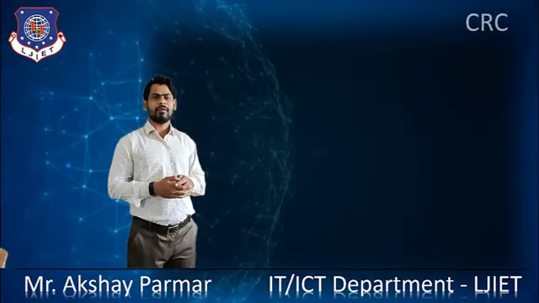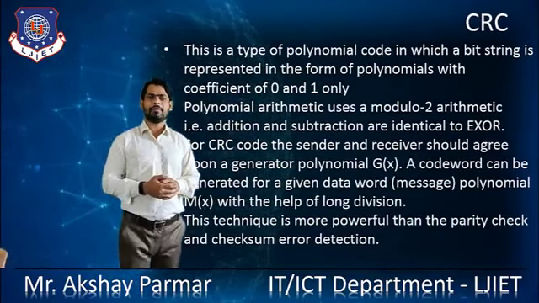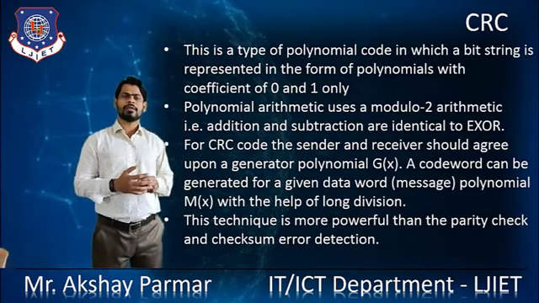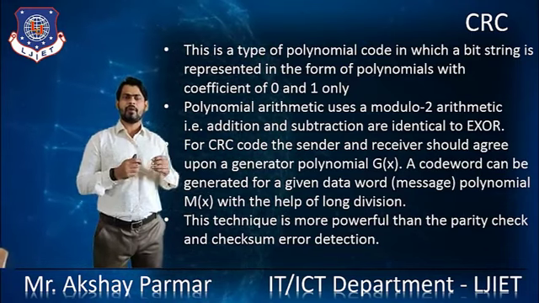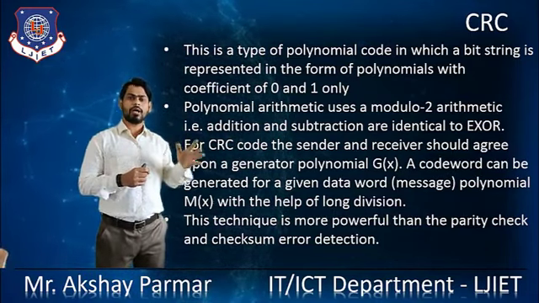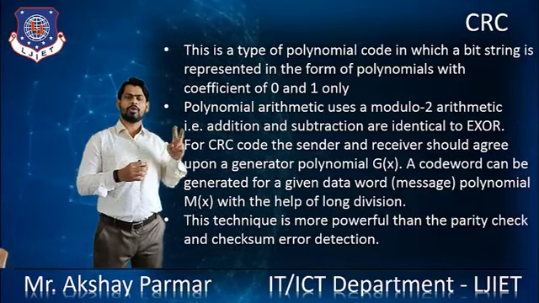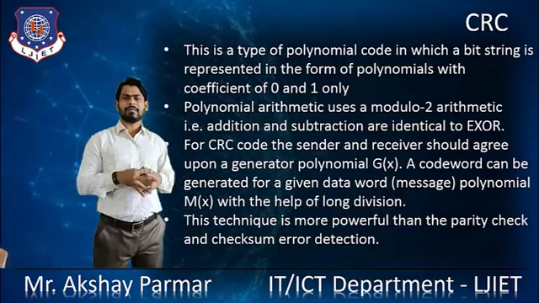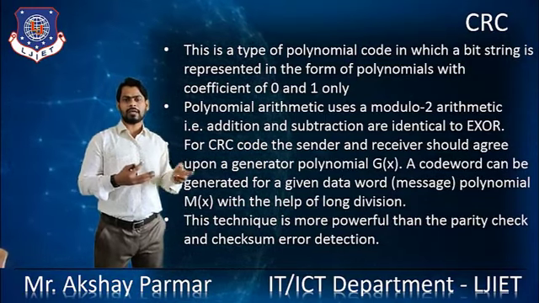So let's move forward to the CRC technique. This is a type of polynomial code in which a bit string is represented in the form of a polynomial with coefficients of 0 and 1 only. The polynomial arithmetic uses modulo 2 arithmetic, right? For example, addition and subtraction are identical to the XOR operation.